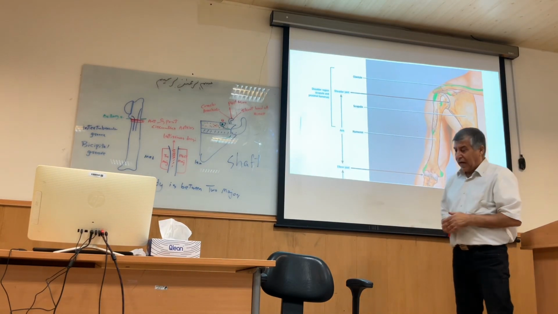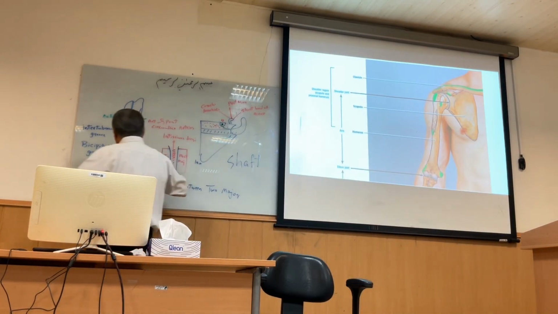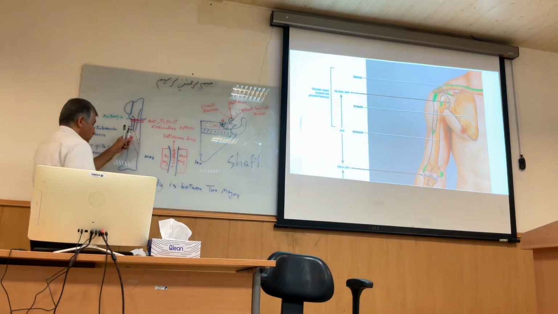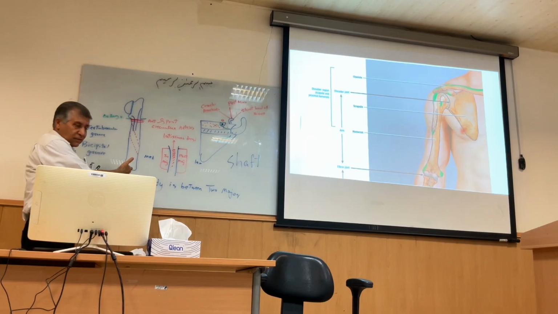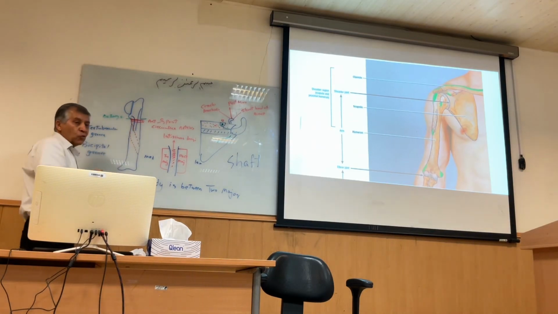Posterior surface of the shaft. Why do we use a spotlight? For showing the posterior surface. The posterior surface of the shaft has a groove.